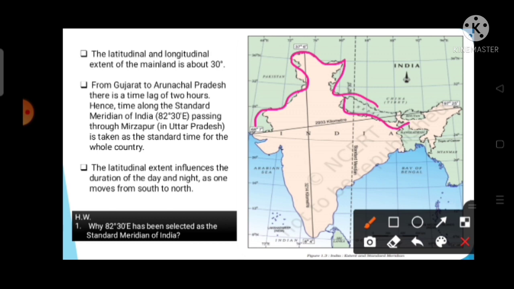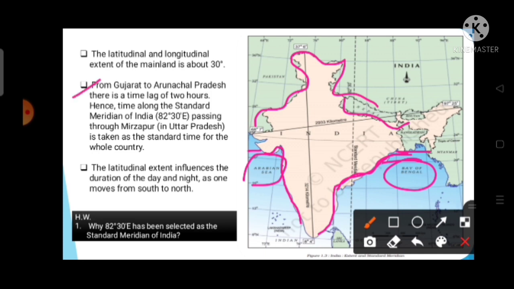South of about 22 degree north latitude, it begins to taper and extend towards the Indian Ocean, dividing it into two seas. You can see in this map that south of about 22 degree latitude, that is from here, India begins to taper down and it extends into two seas. One is Arabian Sea and the other is Bay of Bengal.